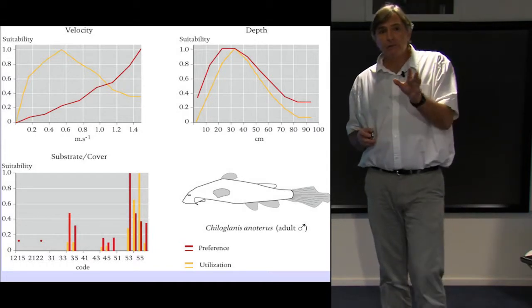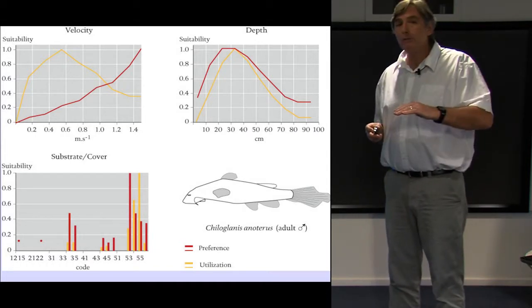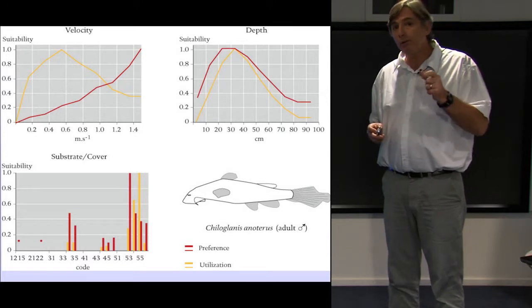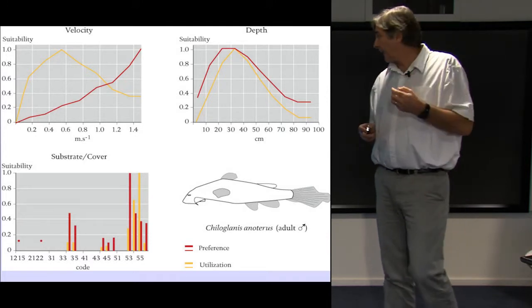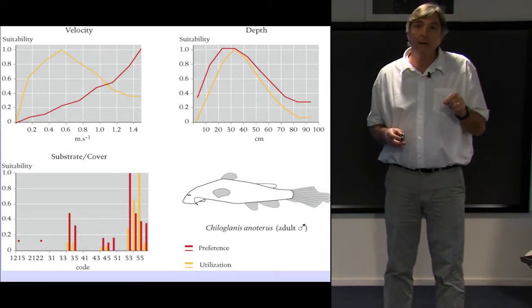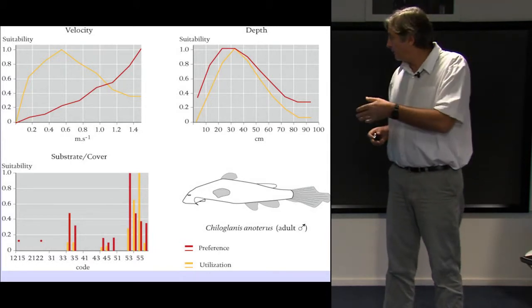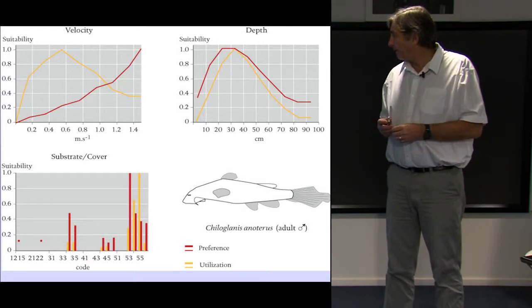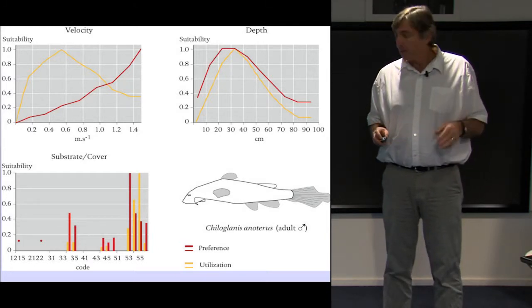So they like these gravelly cobble areas just at the bottom of riffles where the water's fast flowing and shallow. And they're going to be the first species that will start to disappear when the flows are reduced, those velocities are reduced, and their habitat is not going to be present.